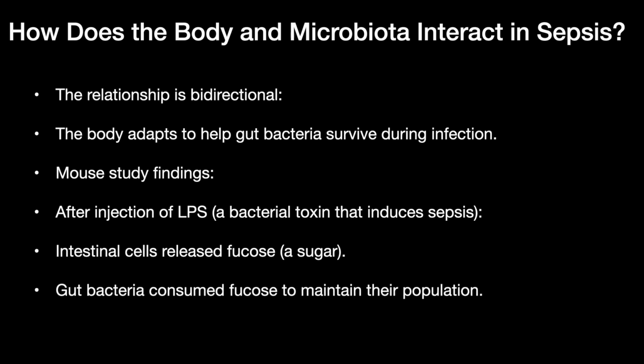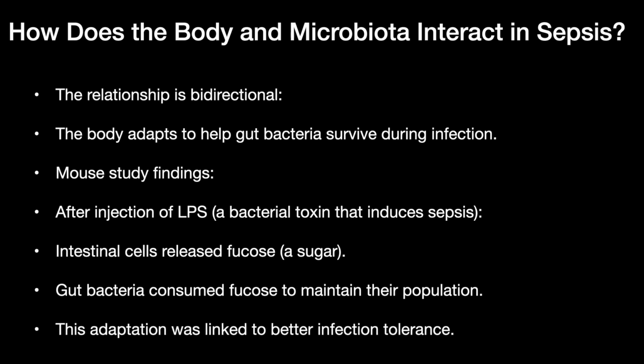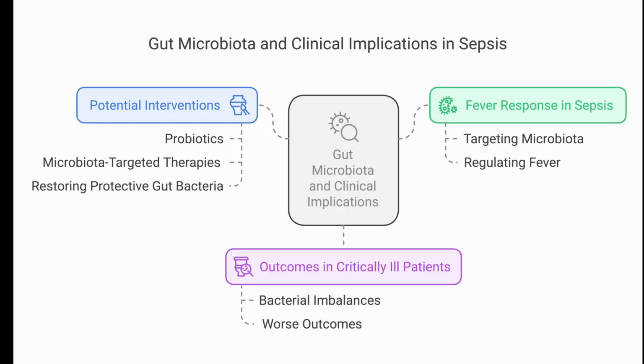The gut bacteria consume this fucose to maintain their population. Now, this adaptation was linked to better infection tolerance. So, the link is bidirectional. The body is trying to preserve its microbiota, and the microbiota is also trying to save the body from the invasion of the foreign bacteria.